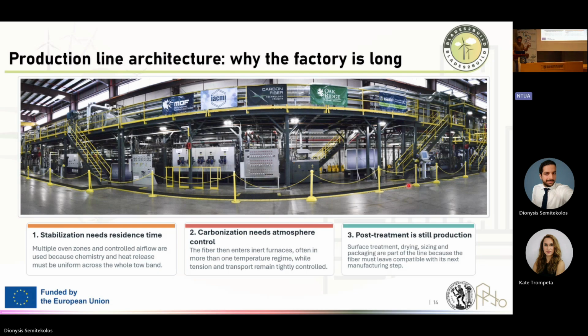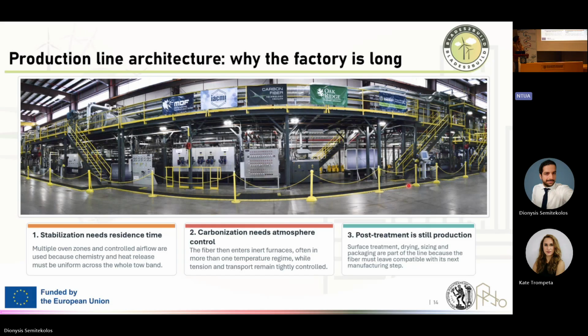And this is an example of a very famous lab from Oak Ridge. This is how a closed industrial line, let's say, would look like, for producing fibers.